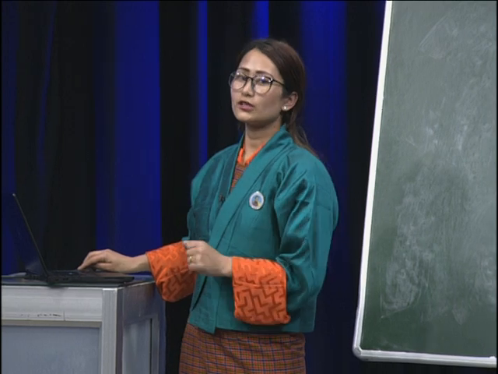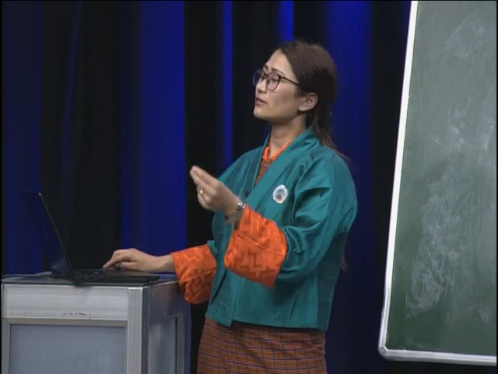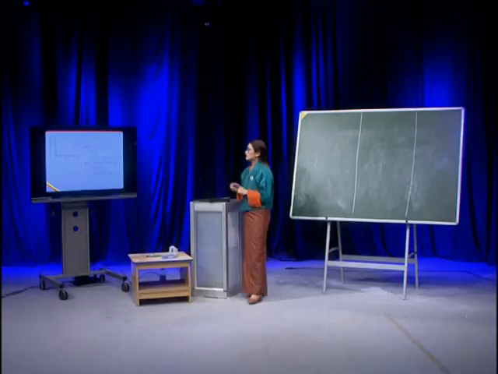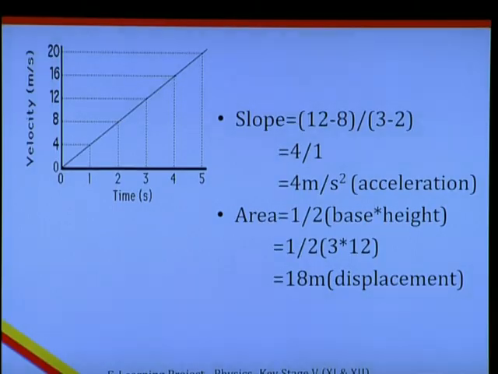And we will also be looking into another example whereby we will be calculating the area that is covered by the velocity time graph, where the area covered will actually give us the displacement of the object whenever it is in motion.